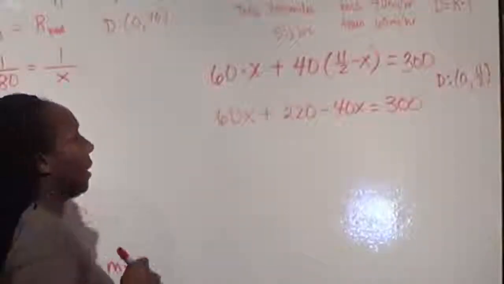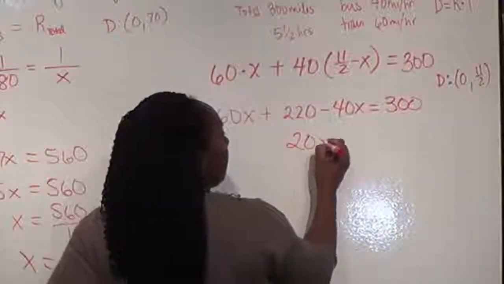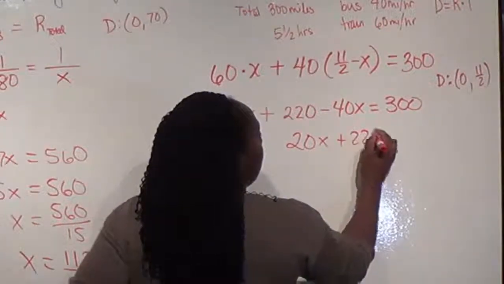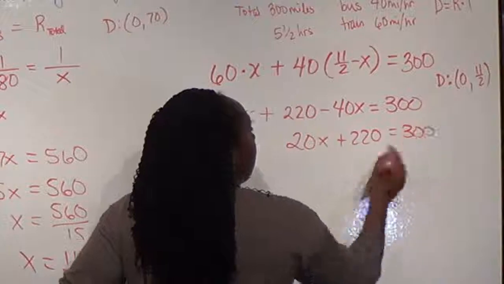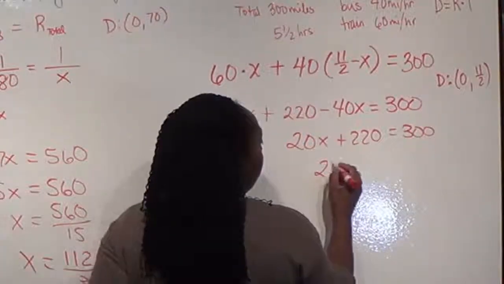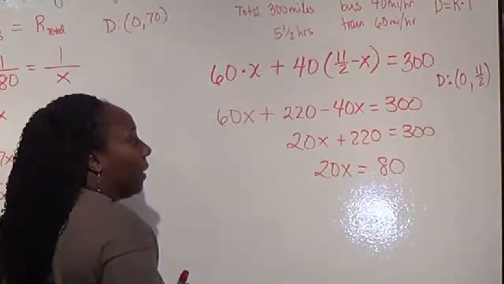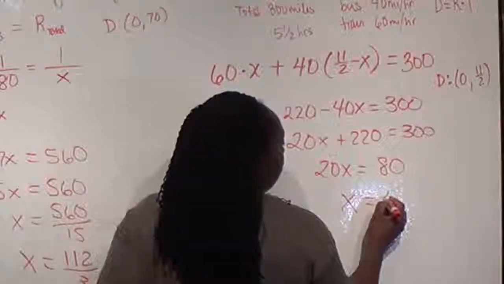Okay. Combine like terms. Okay, we'll go ahead and subtract off. And then divide by the 20. Okay.